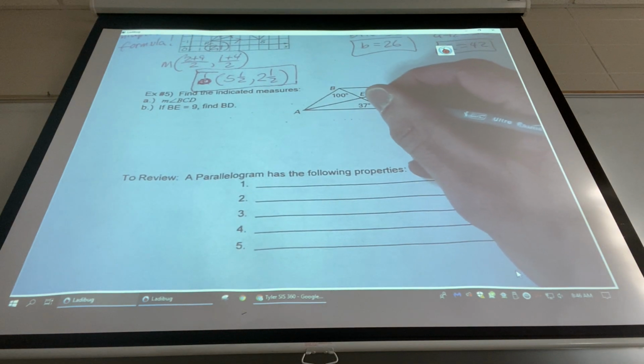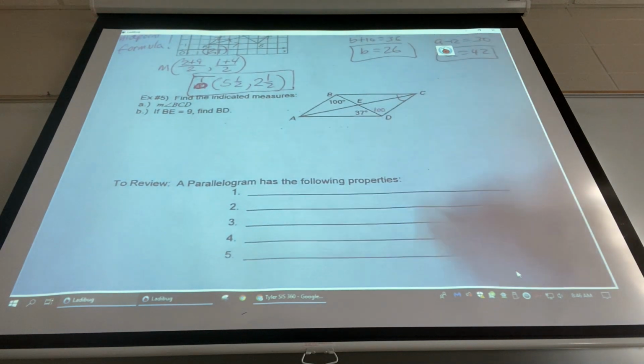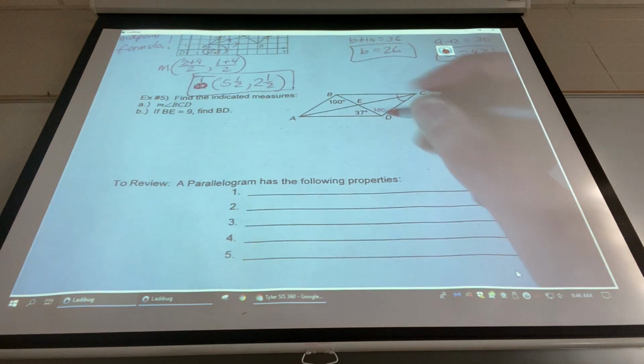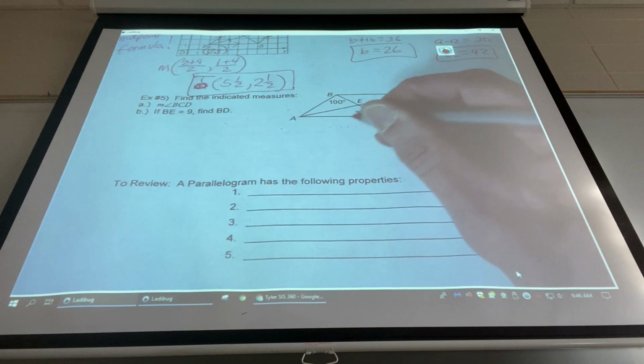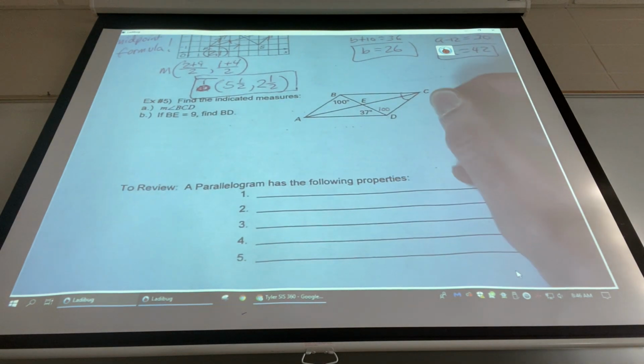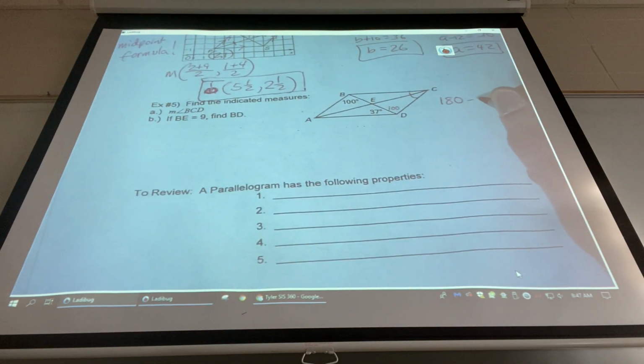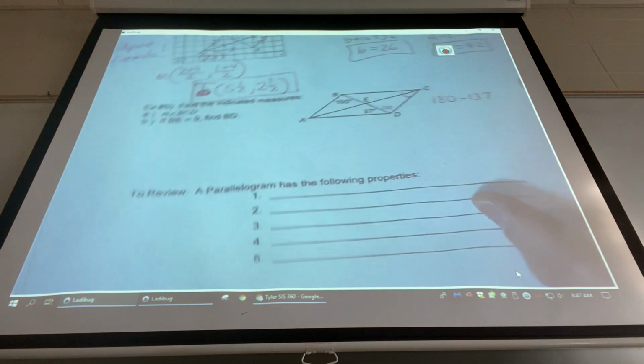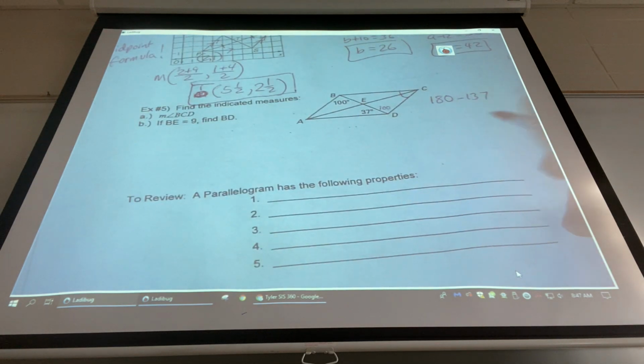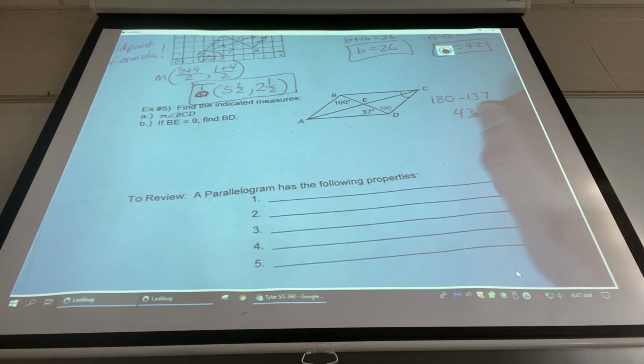Okay, I agree. Oh, yeah, so this whole thing's 137. So we know that these two angles combined would be 180, and one of them is 137. And what is that? 180 minus 137. Was it 43? Yeah, right on.